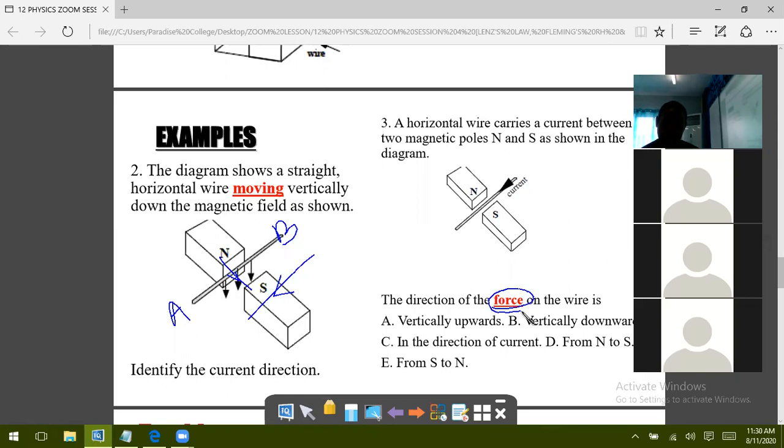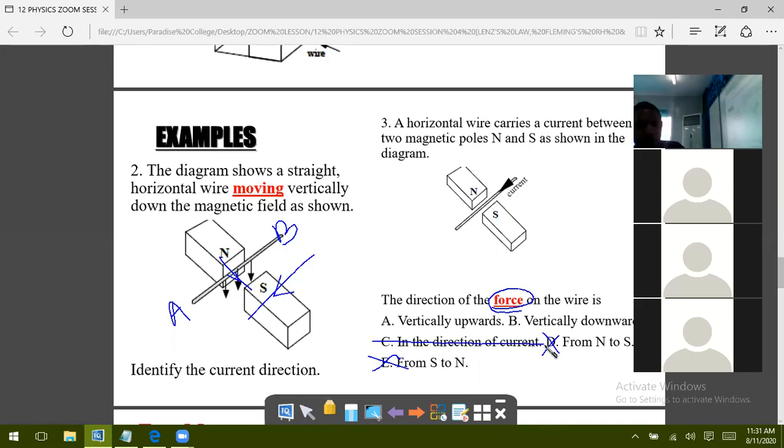So using your left hand, it's vertically upward. Which one is the correct answer? A, vertically upward. B, vertically downward. C, in the direction of current. D, from north to south. E, from south to north. Obviously, it cannot be from north to south, not in the direction of the current.